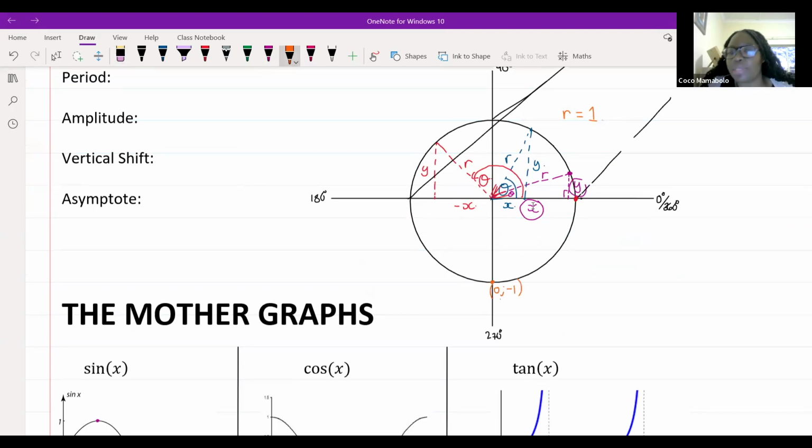That would be the lowest point. The point over here would be 1 and 0. This point would be -1 and 0. So my graph of sine and cos and tan will only go up to 1 and come down to -1. It won't go any further.